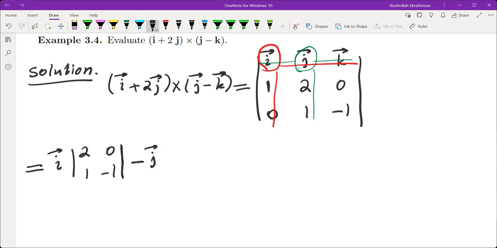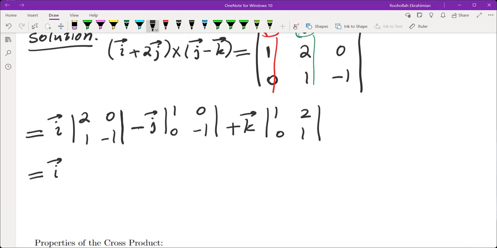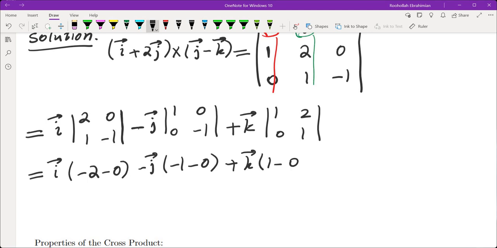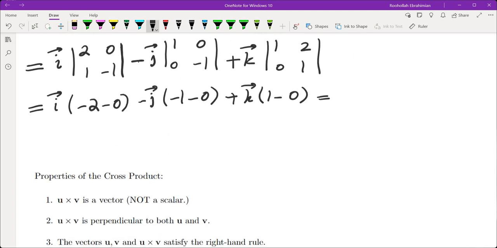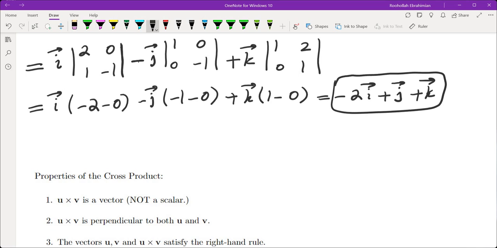So minus j times 1, 0, 0, negative 1, and then plus k times 1, 2, 0, 1. And this is pretty easy to evaluate. I will evaluate that, but for later examples, I will just leave the calculation to you. This would be minus 1 minus 0 plus k times 1 minus 0. So this would be negative 2i plus j plus k. So that is the cross product of these two vectors.